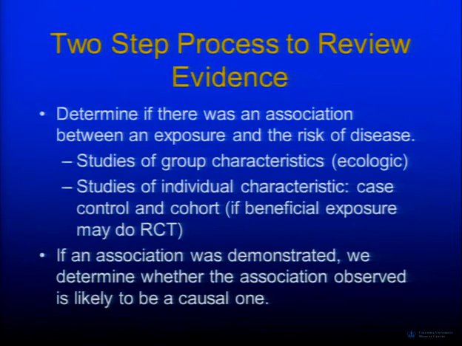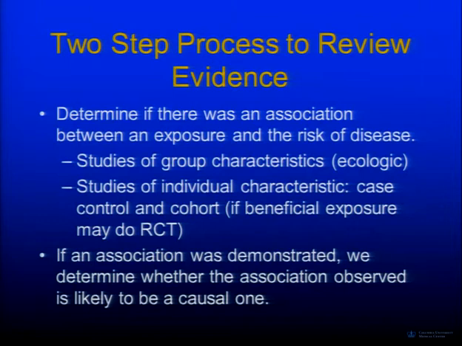So there's a 2-step process that we use to review the evidence that we might have between a risk factor and a disease. We want to determine if there is an association between the exposure and the risk of disease. We do that sometimes with group characteristics, which is ecologic studies, or individual characteristics, like a case control and a cohort study. And again, if it's a beneficial exposure, we have the option of also doing a randomized controlled trial.